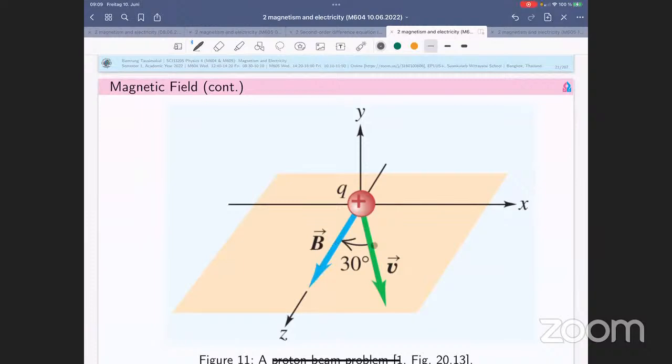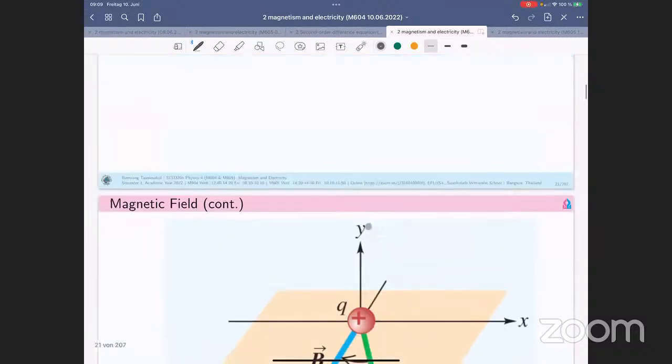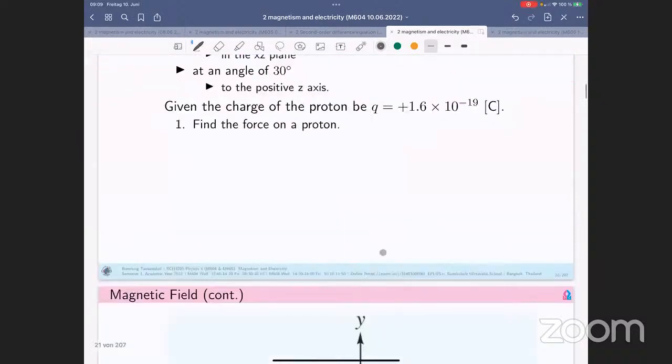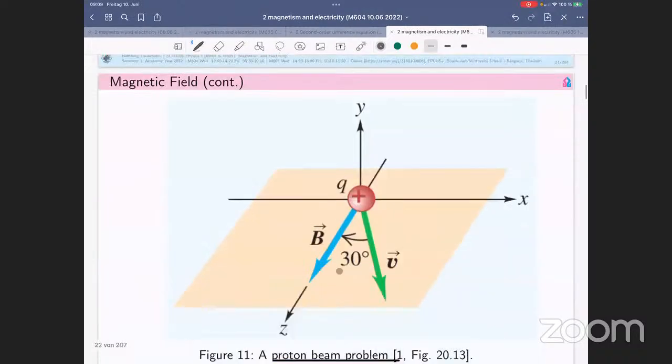Okay, exactly 30 degrees. The problem says the proton moves through a uniform magnetic field with magnitude of 2 Tesla directed along the positive z-axis.